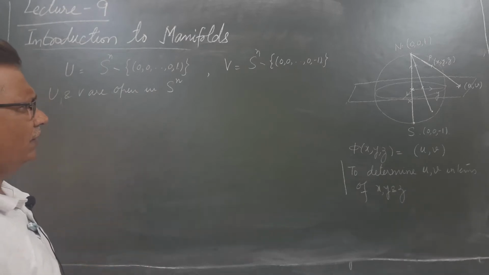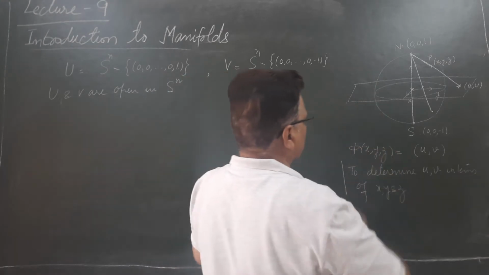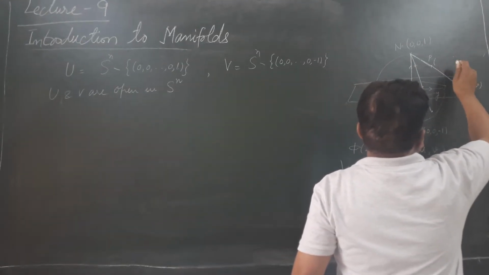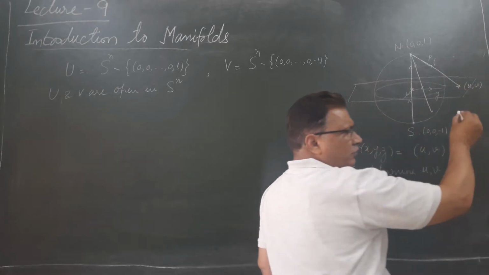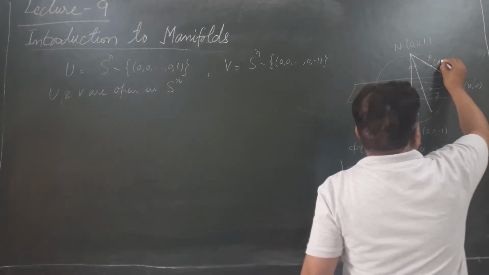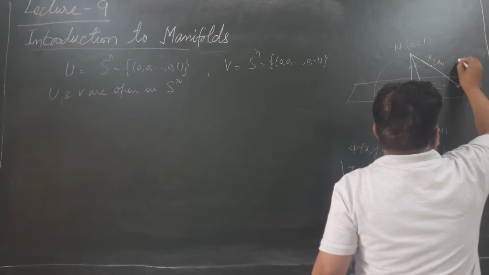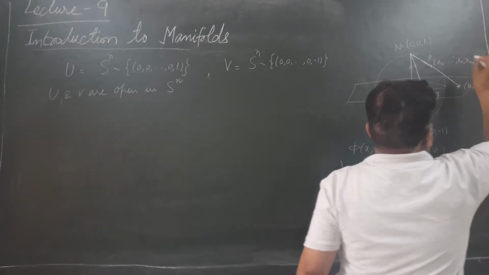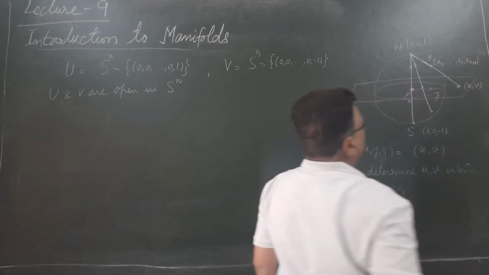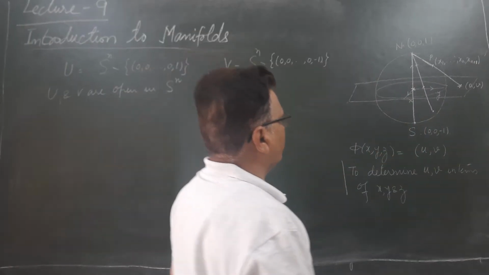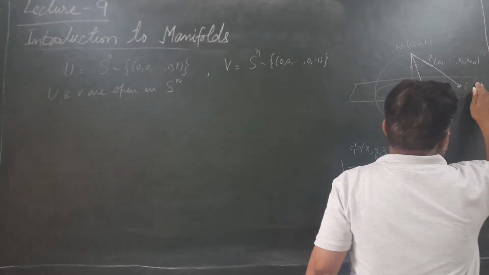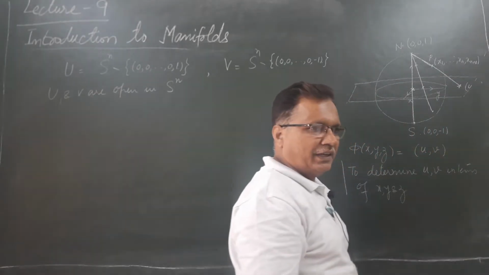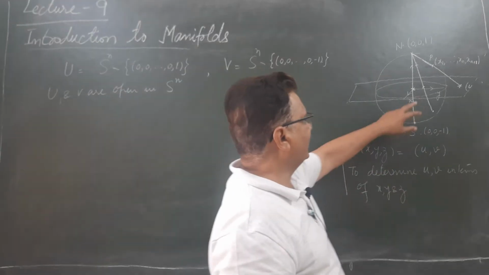Same thing in general, instead of S2, if I consider say Sn, then this point will not be x, y, z, it will be x1, x2, x3, up to xn plus 1. And this point will be projected to something, it will not be a plane, in fact, it will be Rn.